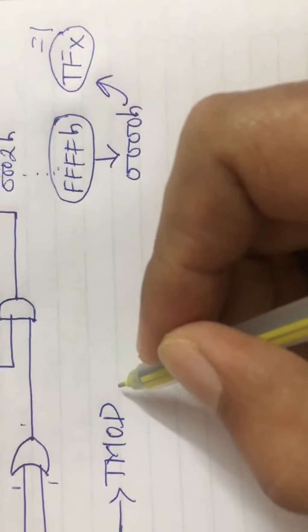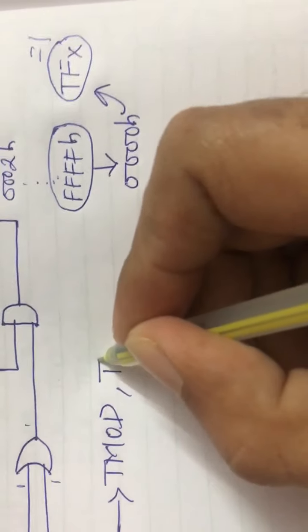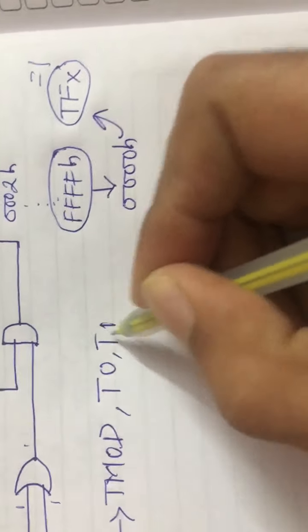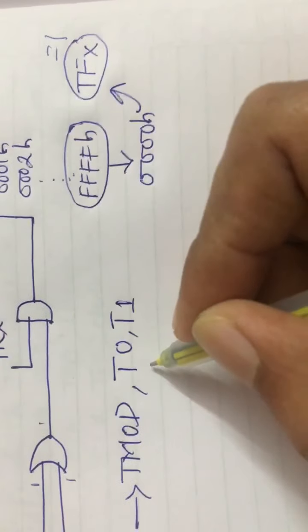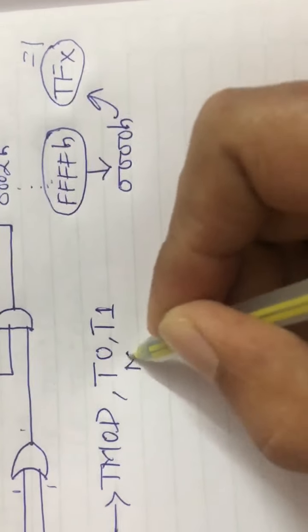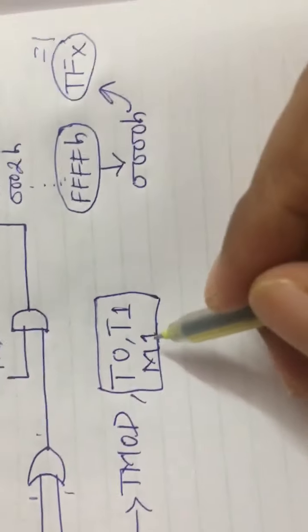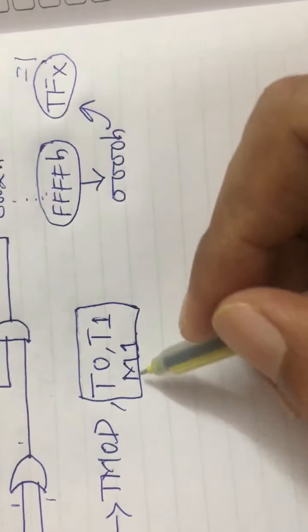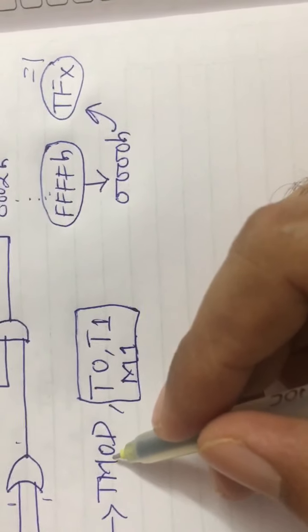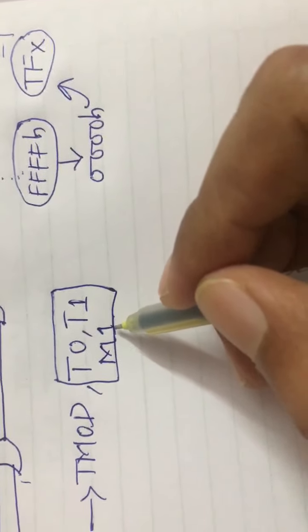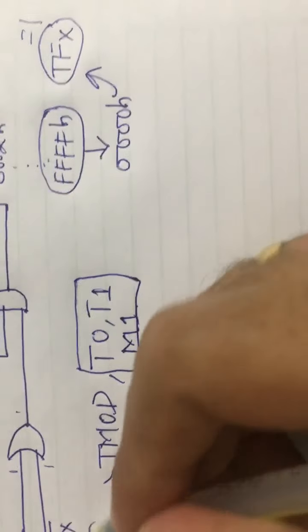If I am using timer 0 or timer 1, and here we compulsorily need to take mode 1, right? So put these values inside the TMOD register. First we should tell the programmer which timer is to be used and in which mode we are working. That is the first step.